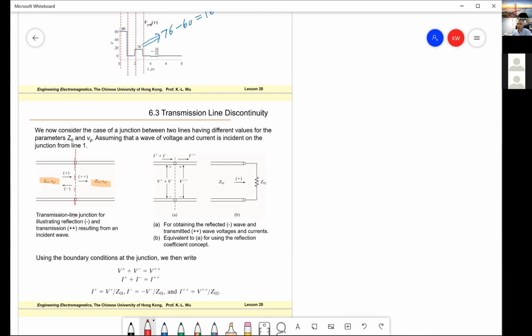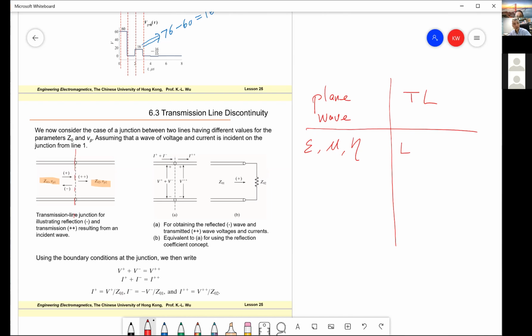So these two, this is for plane wave, this is for transmission line. For plane wave we have mu, we have epsilon, and we have eta. For transmission line, what do we have?